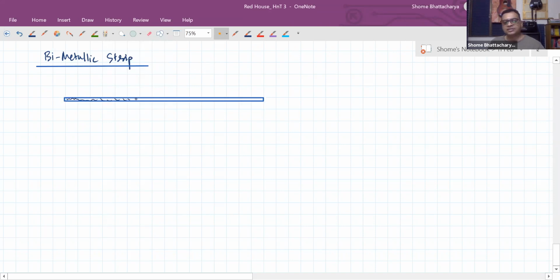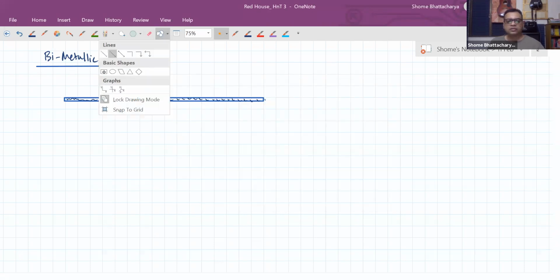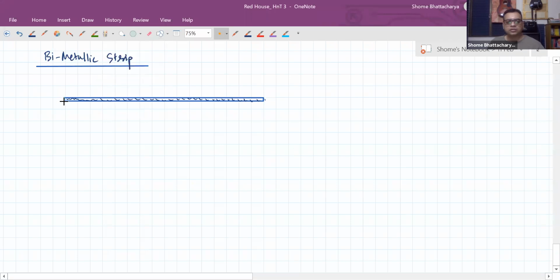But when the temperature increases significantly, the bimetallic strip will curve into a bent rod, because one of the two metals will expand at a faster rate or by a larger value.